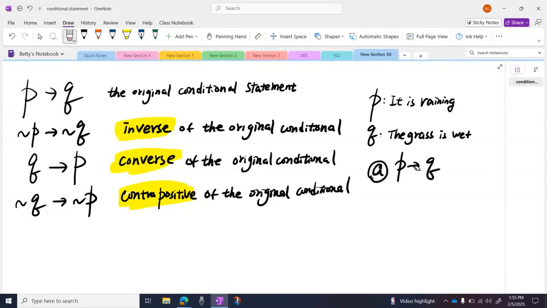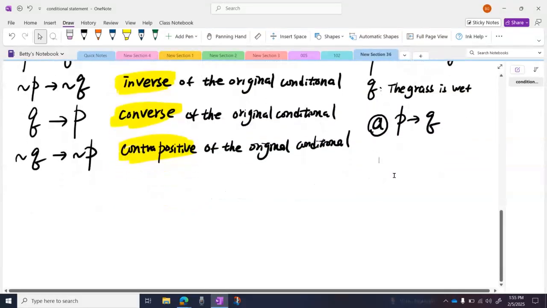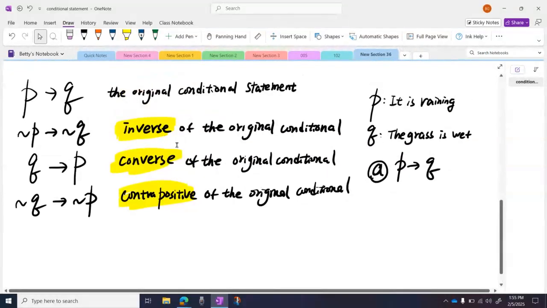Okay, we are going to write the four conditional statements as words and look at their relationship. I assume you remember the definition of inverse and the converse and the contrapositive.